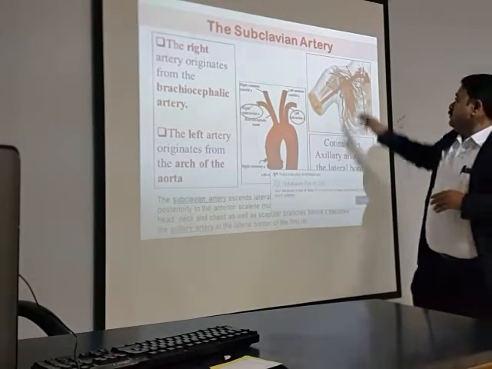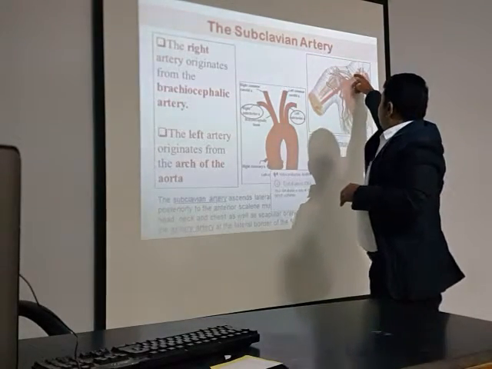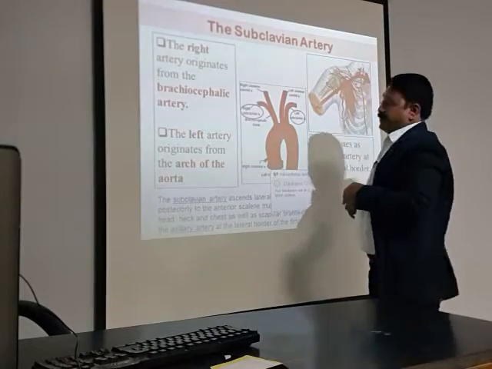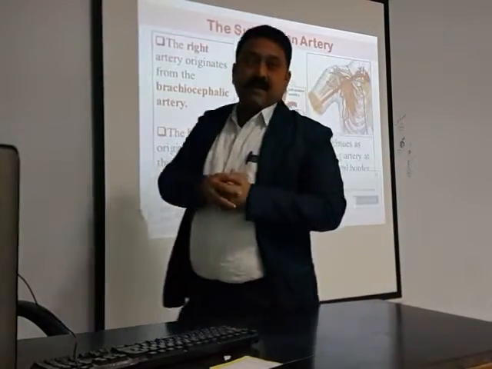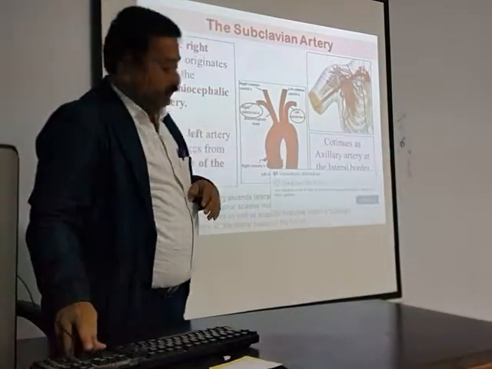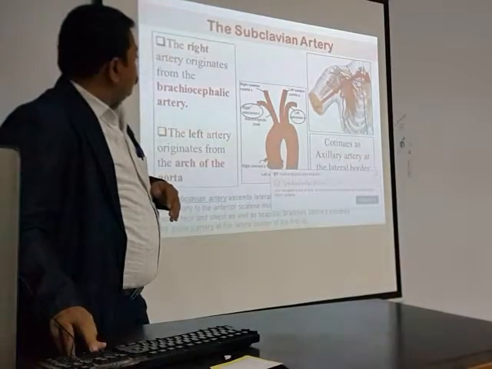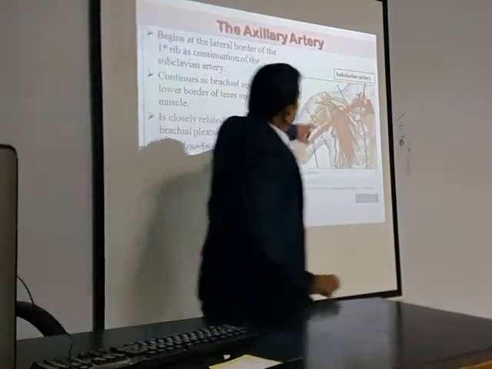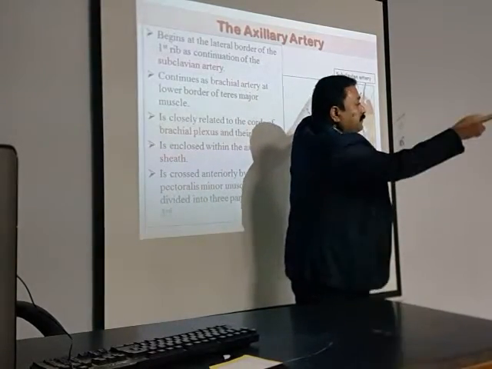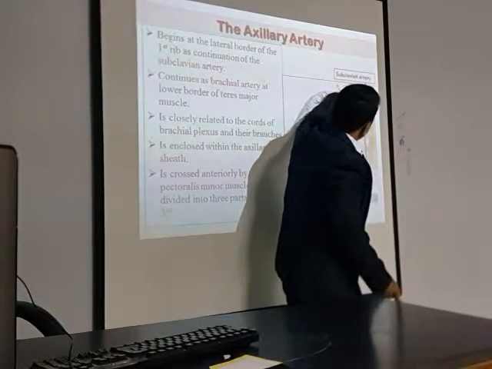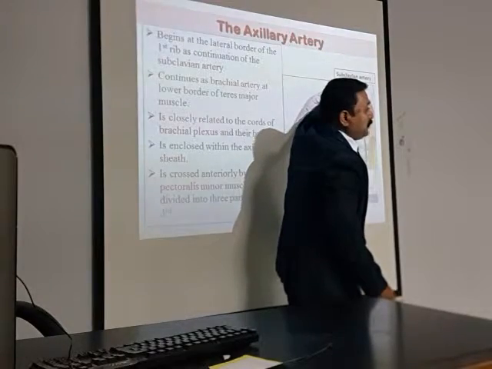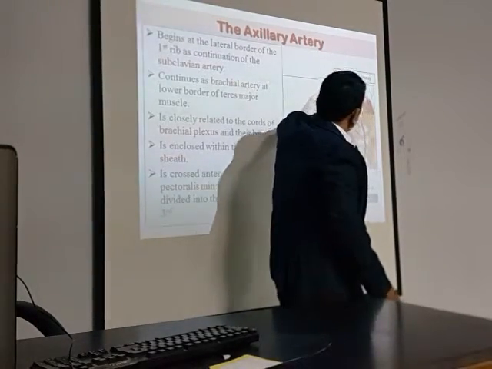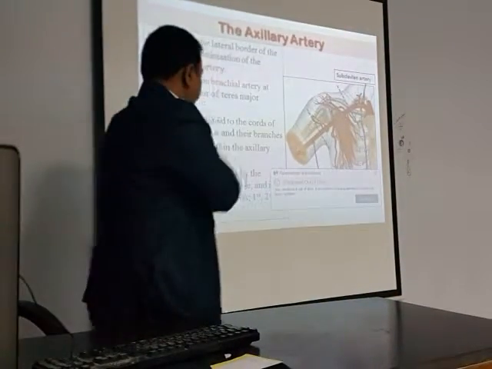So it reaches the outer border of the first rib and continues as the axillary artery. See here in this picture, this is the first rib. It reaches the outer border of the first rib and becomes the axillary artery.